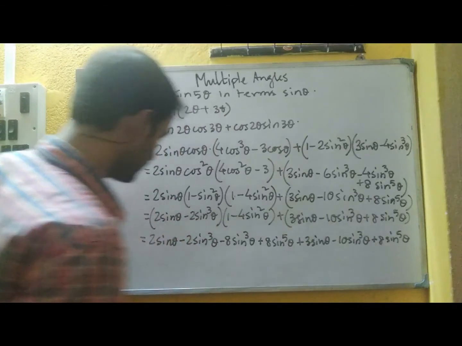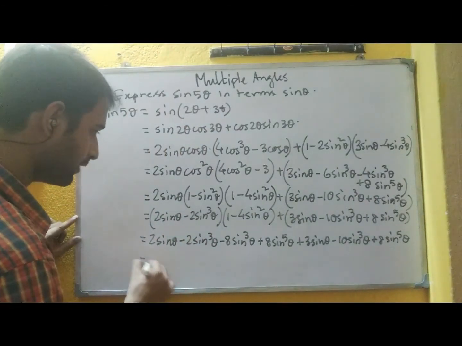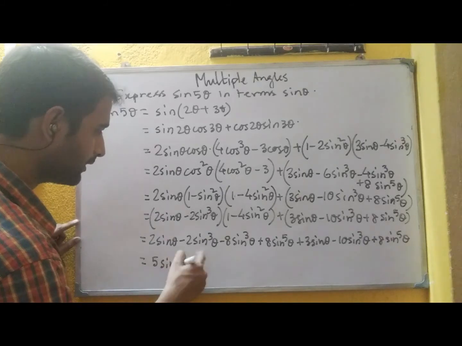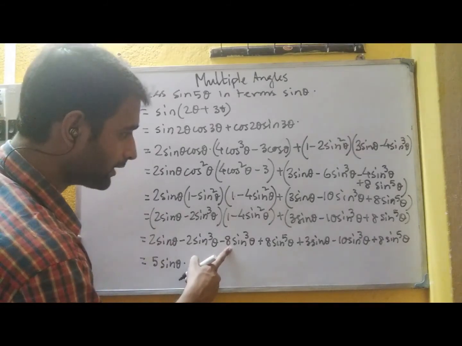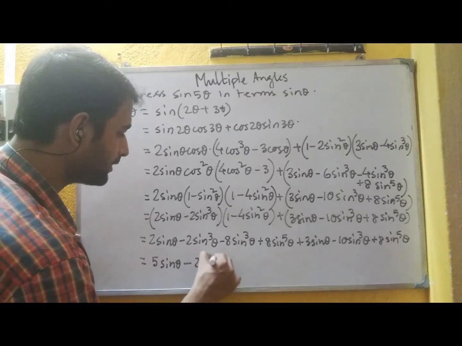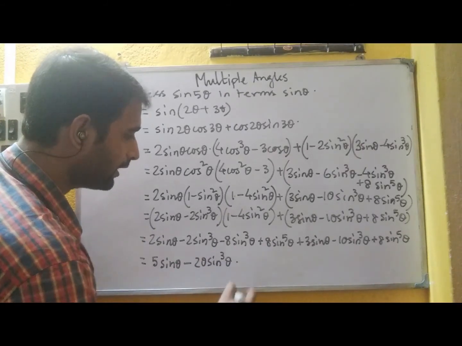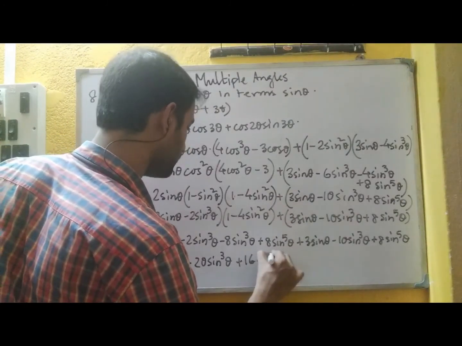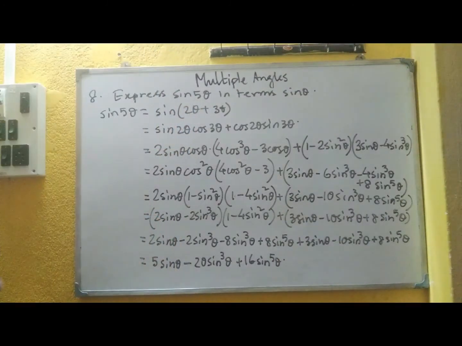Finally, adding all the terms, we are getting 5 sin theta, then minus 2 minus 8 minus 10 sin cube, that is minus 20 sin cube theta, and 8 plus 8, it is 16 sin to the power 5 theta. So this will be our required expression of sin 5 theta in terms of sin theta only.